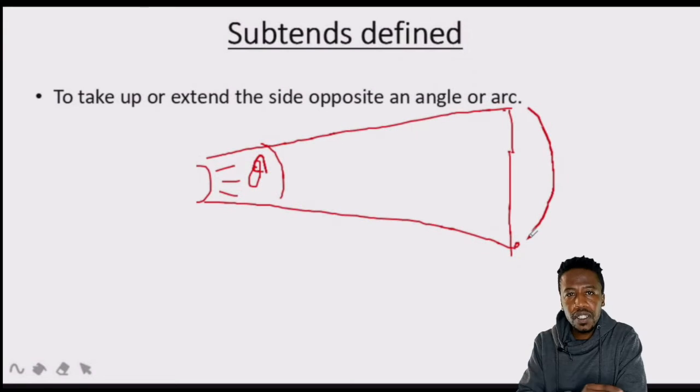So to subtend basically means to support, because these rays hold the wall on both sides. So I would say to subtend basically means to hold or to support.